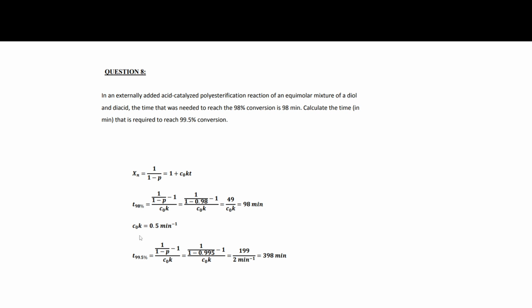So to get the time at 99.5%, we have to know the value of C0 into K, the concentration into the kinetics value. If we know this value, we can put it into this equation and calculate. To get this value, we use the earlier 98% conversion, which we already know takes 98 minutes.